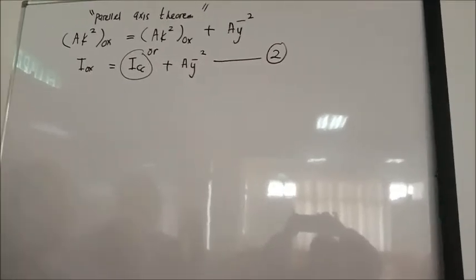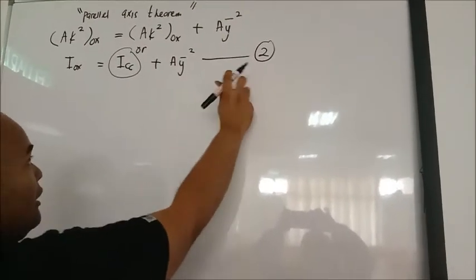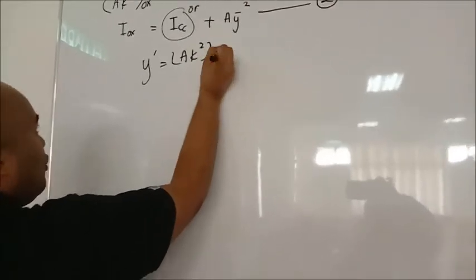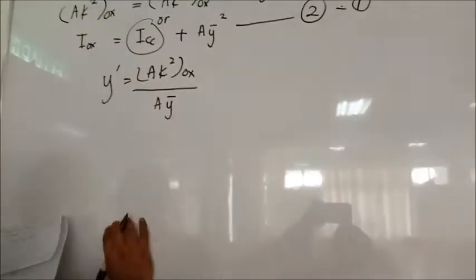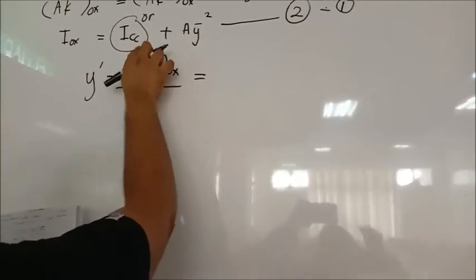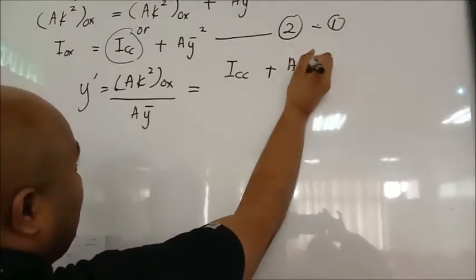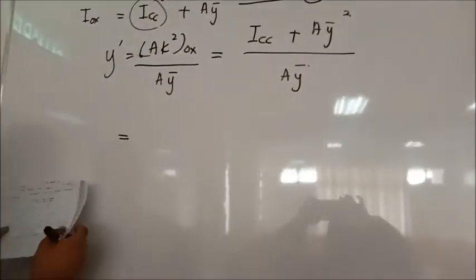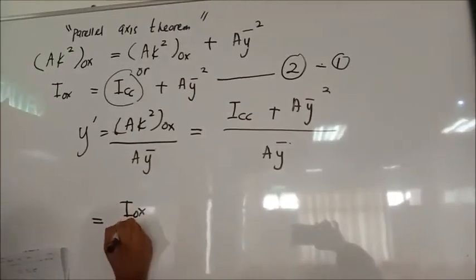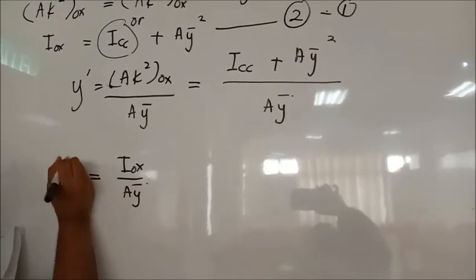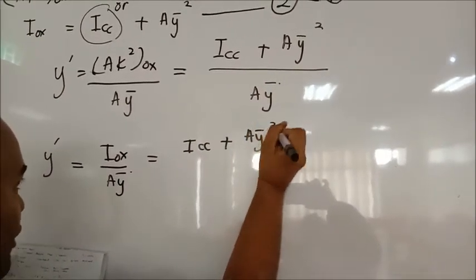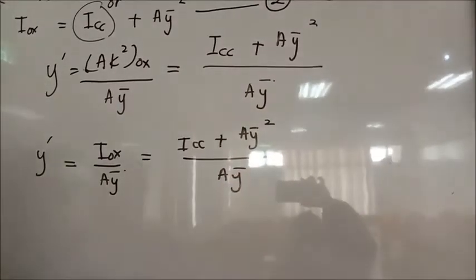Now, by substituting equation number 2 into equation number 1, we find that y prime equals A k squared Ox divided by A y bar, which can be written as I CC plus A y bar squared, divided by A y bar. So you will have I Ox over A y bar, the y prime, equals I CC plus A y bar squared over A y bar.